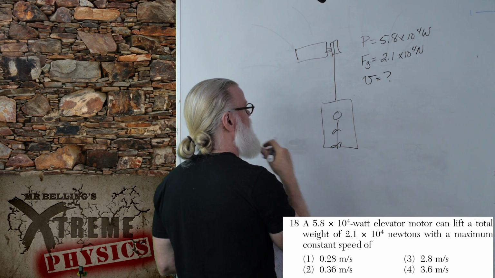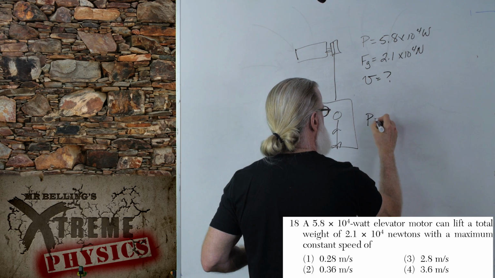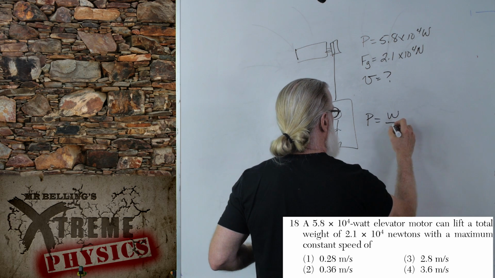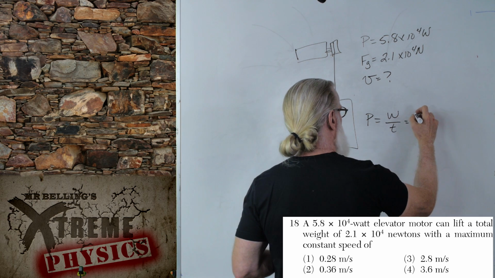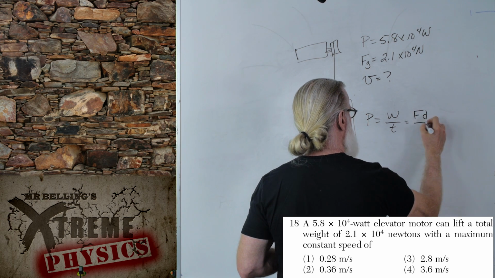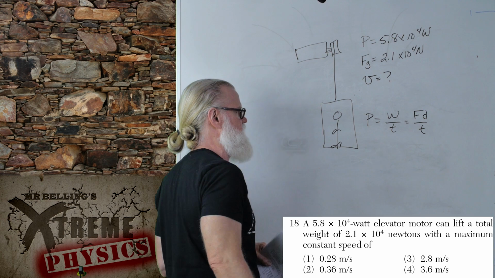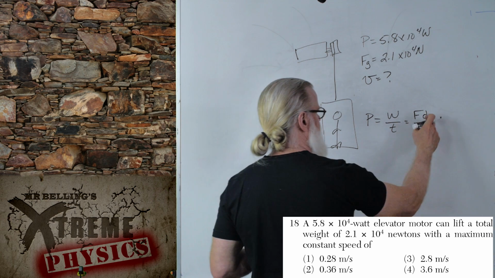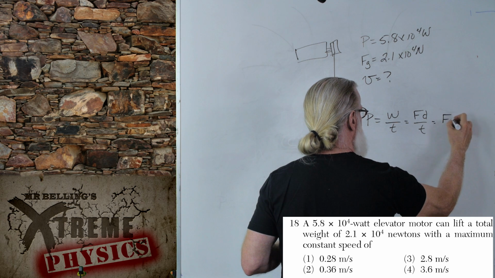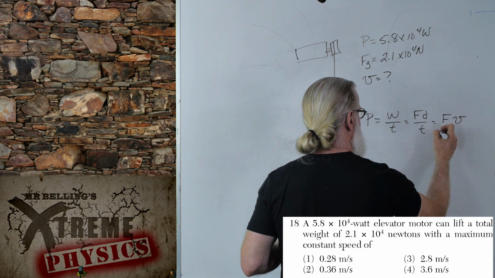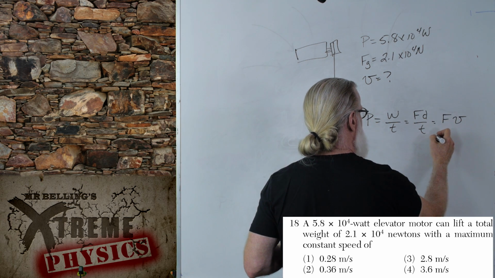Well, let's take a look at this. Power is the rate at which work is done. But work is force times displacement, where the force and the displacement have to be in the same direction. And displacement divided by time is actually velocity. So this is force times velocity, as long as the force and the velocity are in the same direction.